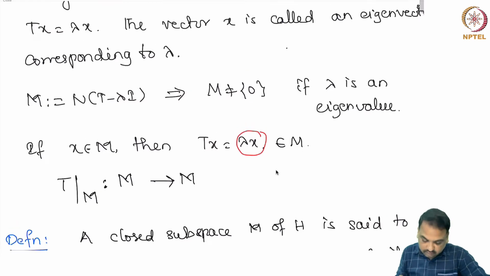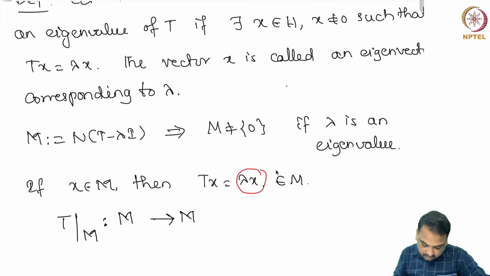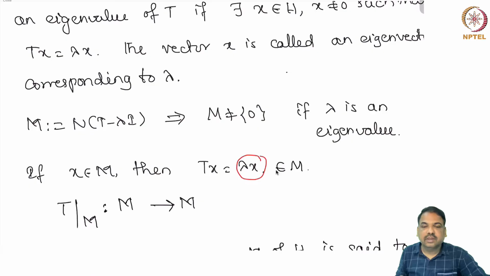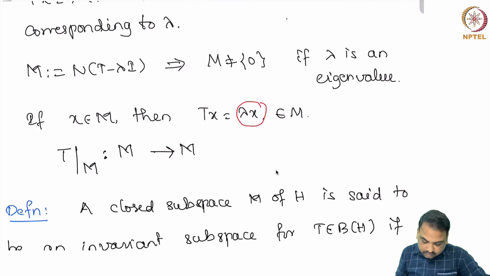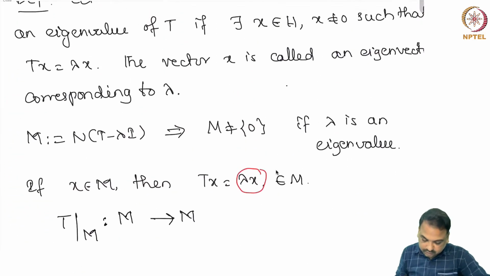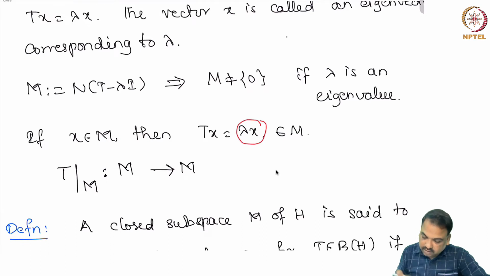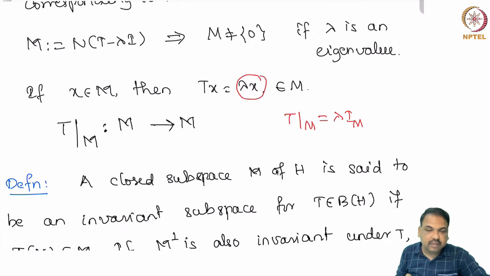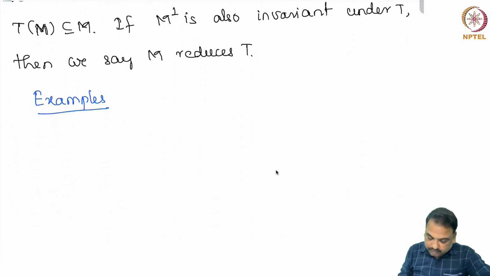For example, when we have the eigenspace corresponding to lambda, here it is M. So T restricted to M is a map from M to M. And not only that, T restricted to M is a scalar multiple of the identity operator on that particular space, where I suffix M is the identity operator on M. That means when you restrict the operator to a particular closed subspace, it is scalar times identity, which is an easy operator where we can get complete information about this operator.